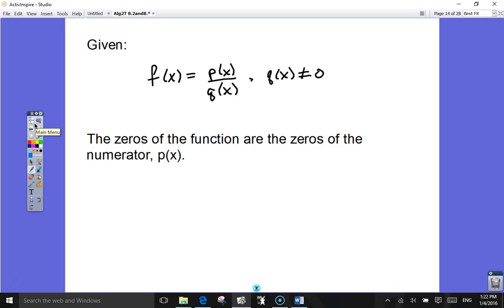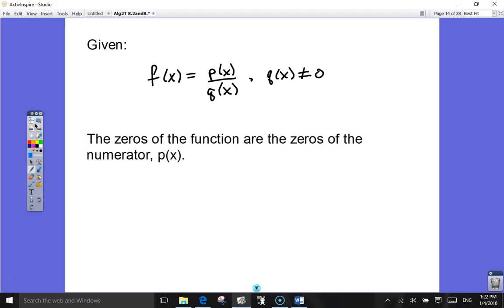So we're going to go through one by one. How do you find these things? How do you find the zeros of a rational function? Well, again, if a fraction equals 0, it's because the numerator equals 0. So you look for the zeros of the numerator.